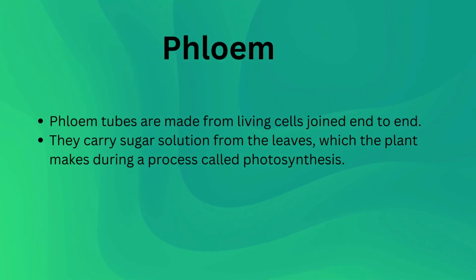The second one is phloem. Phloem is a type of tissue found in plants and it helps move sugar around. Here is how it works. Phloem tubes are made up of living cells that are connected end to end. These tubes carry sugar which the plant makes during a process called photosynthesis. This sugar is like food for the plant and needs to get to every part of the plant to keep it healthy.